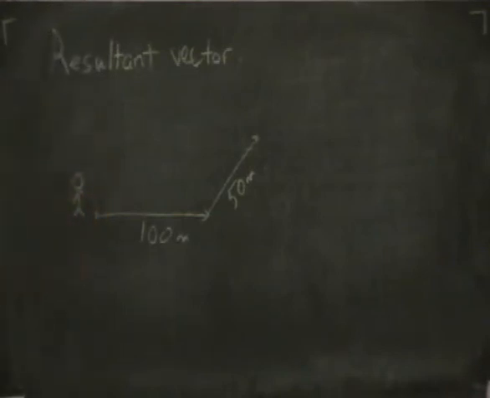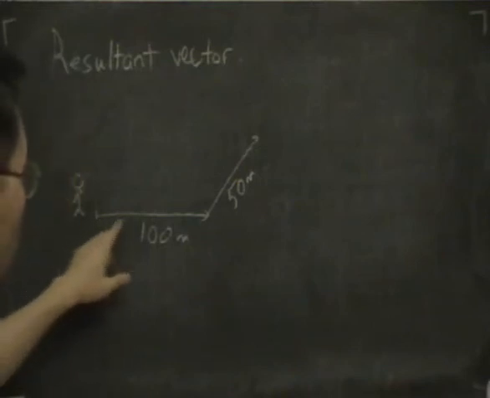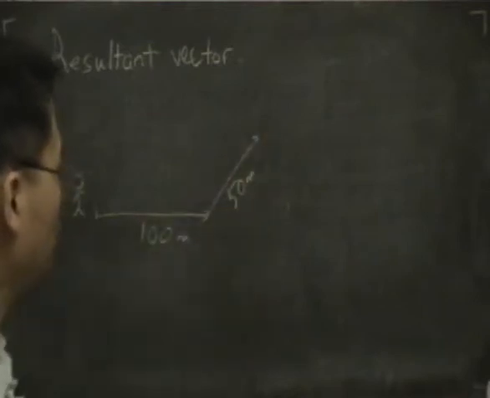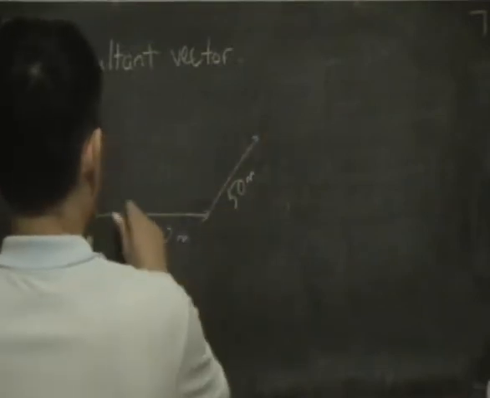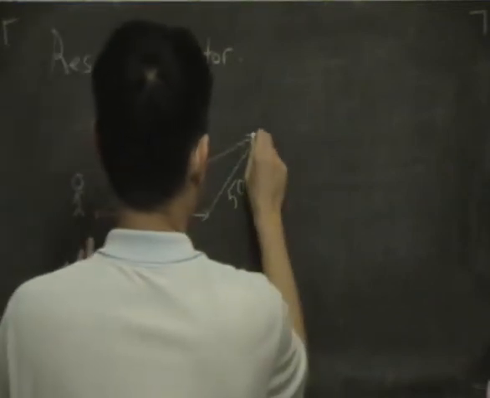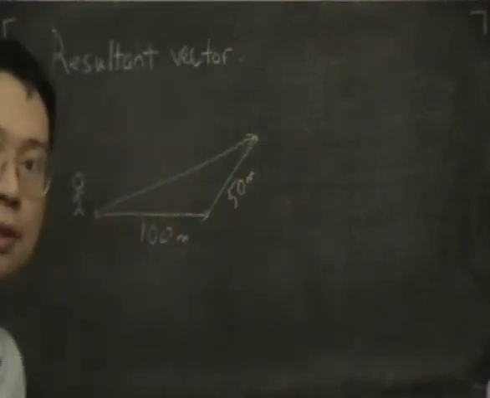Now in this case there's an obvious meaning, which is that if we go this way by 100 meters and northeast by 50 meters, we would end up effectively going that way by a certain distance.